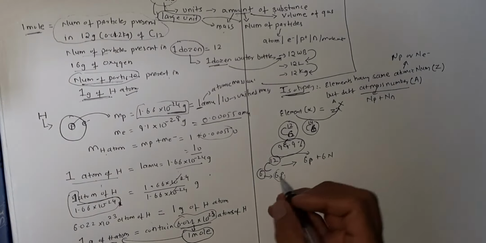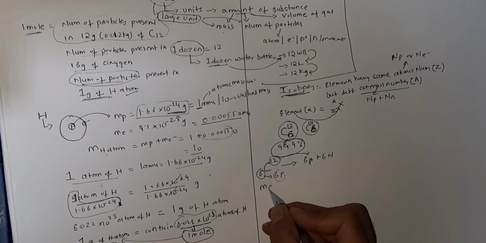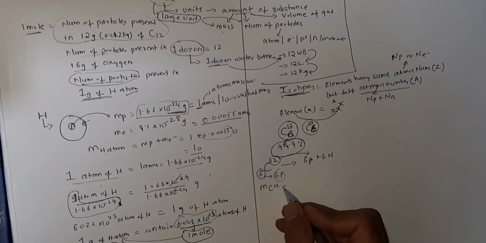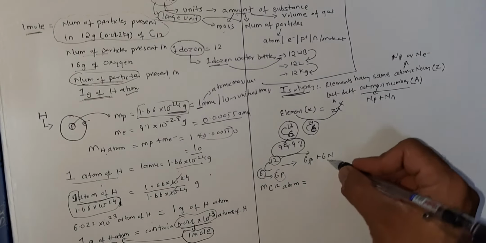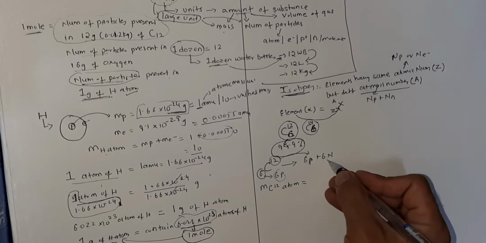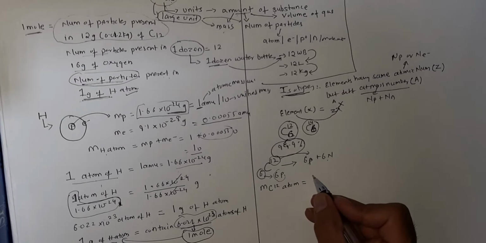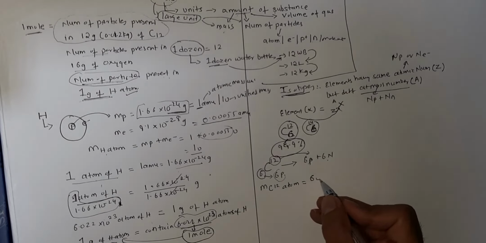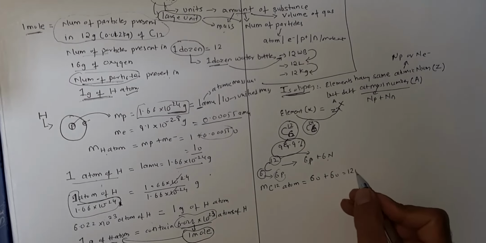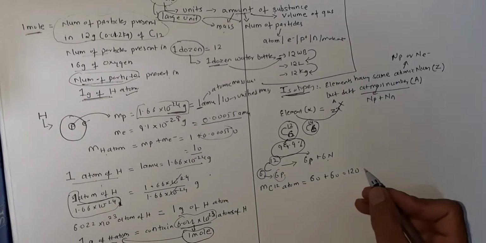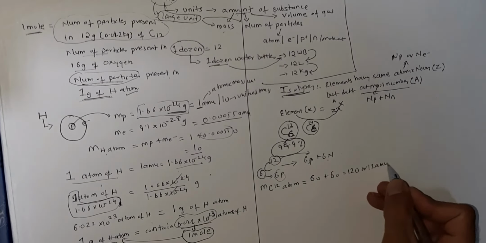So if I ask what is the mass of a single carbon-12 atom, you will say, sir, mass of 6 protons plus mass of 6 neutrons. Electron is neglected since its mass is negligible. So the mass of 6 protons is 6 U, mass of 6 neutrons is 6 U. That comes to 12 U or 12 AMU.